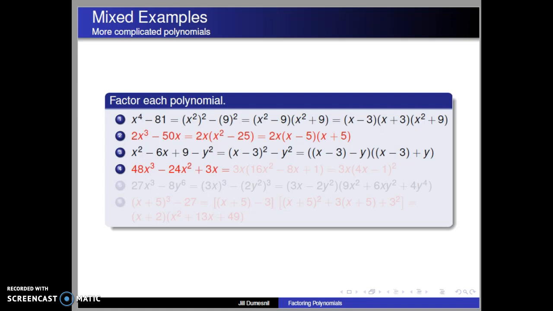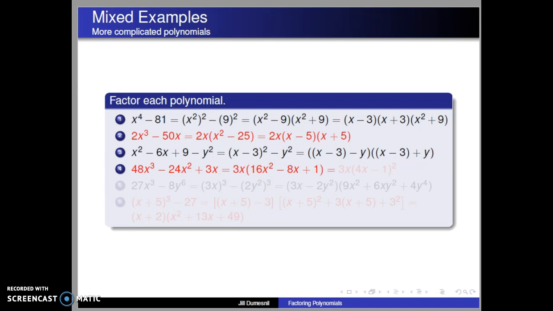To factor 48x cubed minus 24x squared plus 3x, we again notice a common monomial factor among all three terms. We can factor out 3x, and our remaining factor is 16x squared minus 8x plus 1.